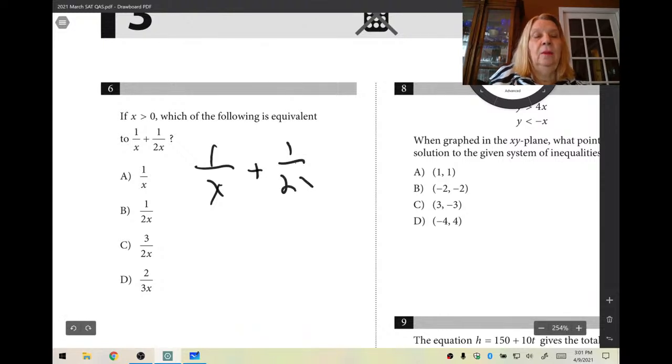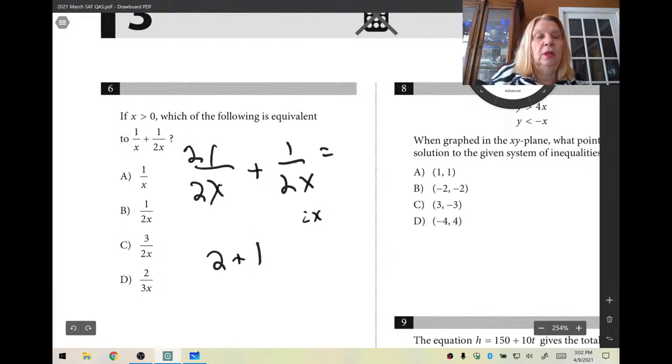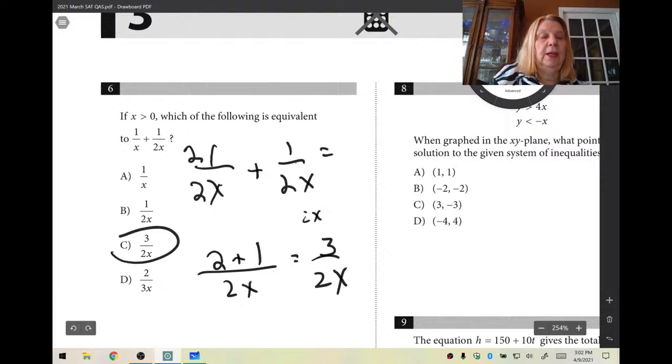So here we are. So we do not have a common denominator. So our common denominator is going to be 2x. So we multiply this by 2 and then the numerator by 2. That'll give us 2 plus 1 over 2x, which equals 3 over 2x, which is answer choice C.